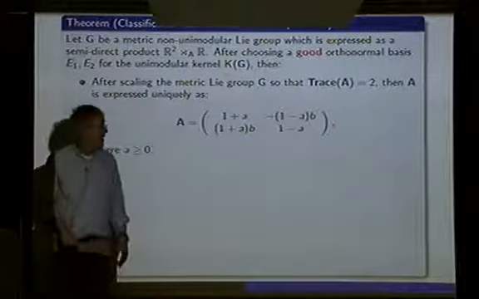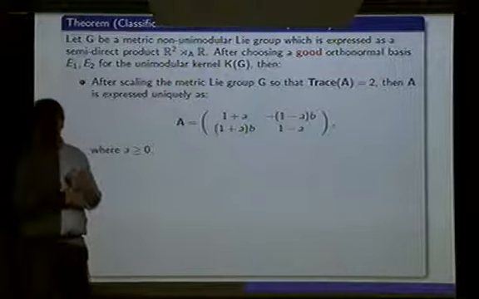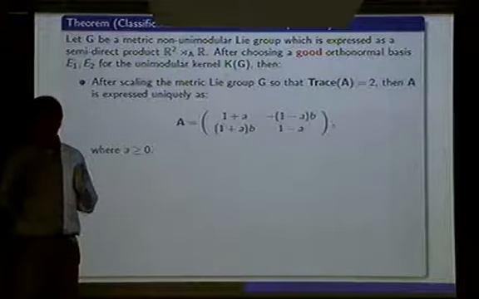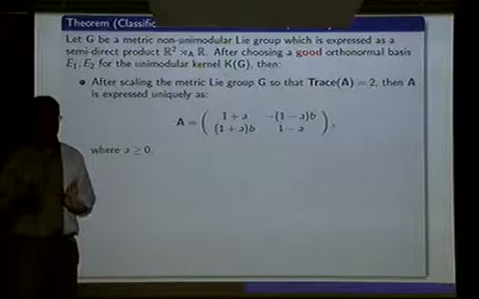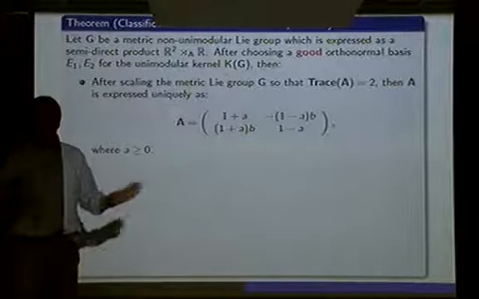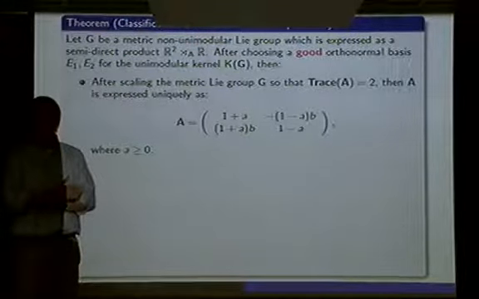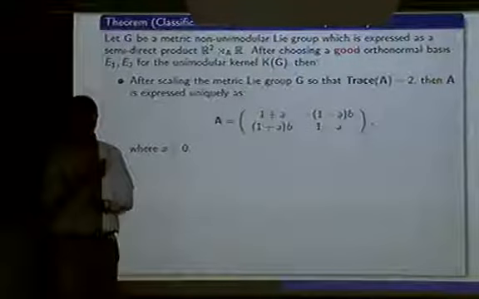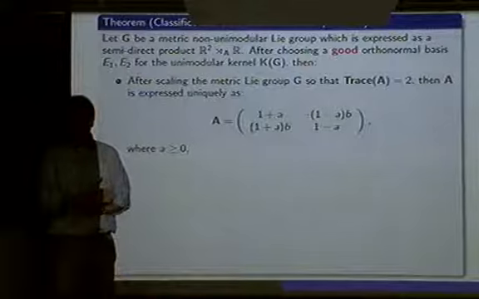Of course, there's another thing that's done here to make it standard. We do a homothety of the metric. So remember that there's a matrix A. It has a trace. For a non-unimodular group, the trace is non-zero. By changing the orientation in the Lie algebra, the trace is positive. By doing a homothety of the metric, the trace is 2.